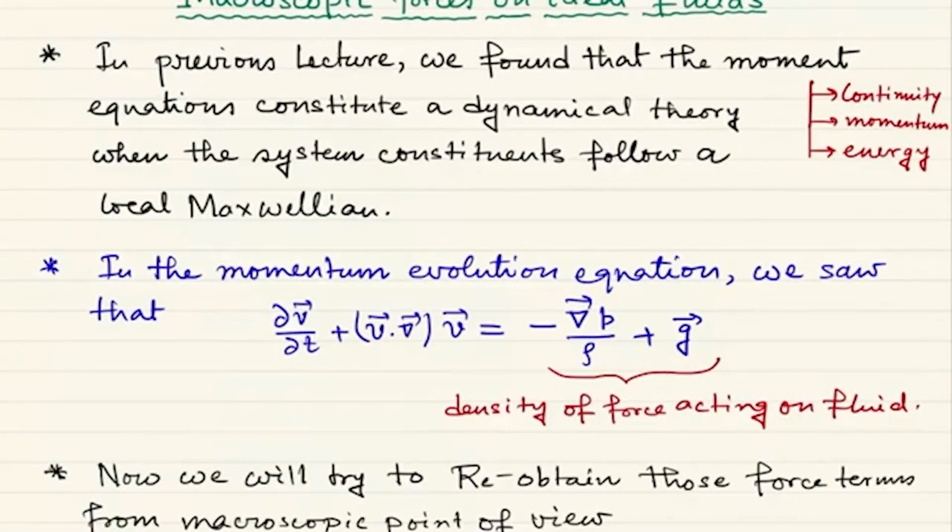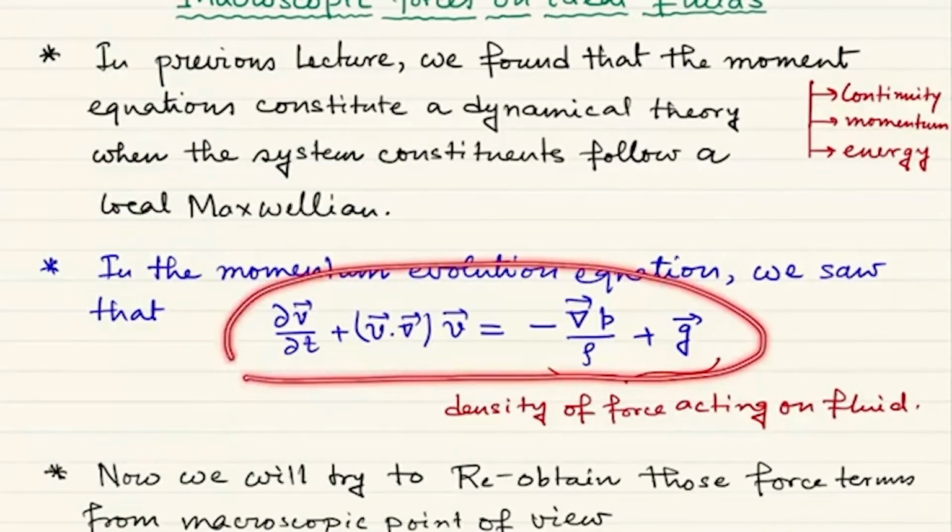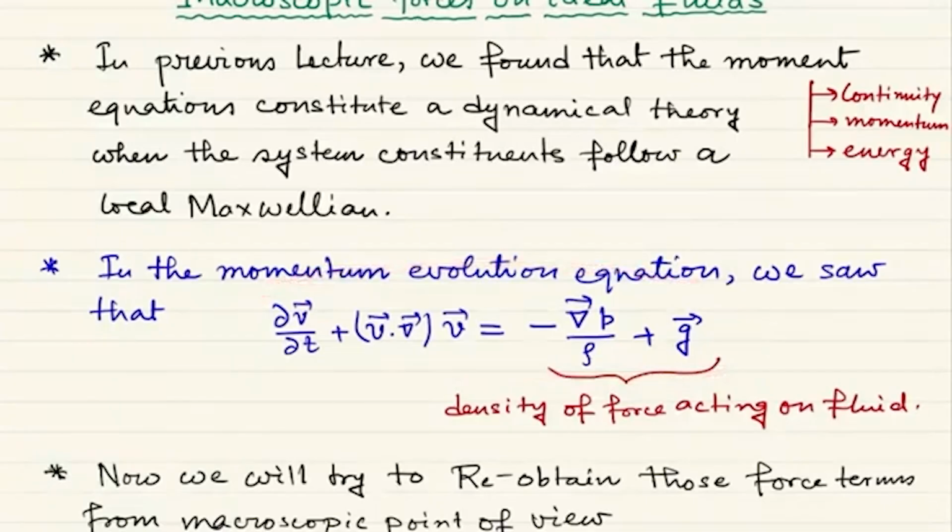And the momentum evolution equation then simply becomes ∂V/∂t + V·∇V equals minus gradient of P by rho, which is the gradient of pressure force, okay, which is actually coming from inside of the fluid. So that is not an external force. P is the fluid pressure basically. So it is coming due to the pressure of the fluid, and this is the external forcing agent.